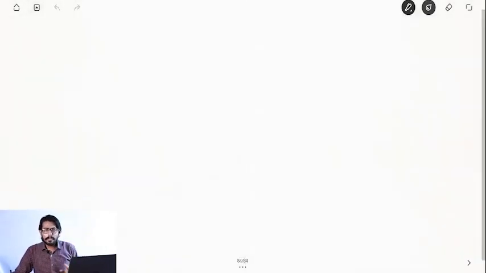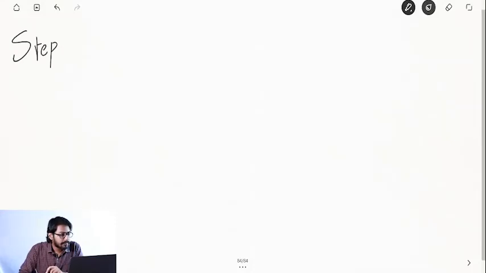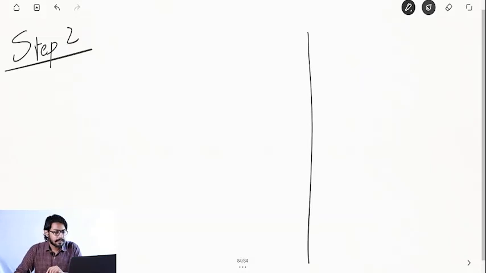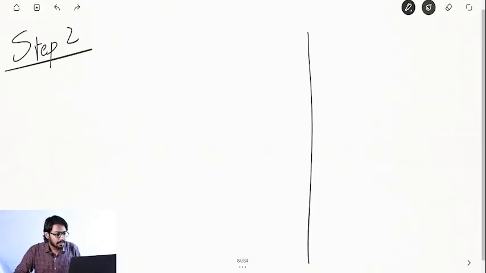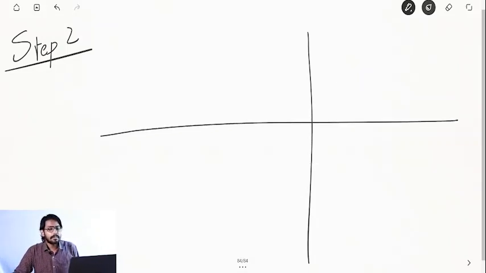In step 1 we have found out the number of contracts is 10 contracts. Step 2, what is step 2? You know it. You draw a cross. Step 2 is a cross. I think my cross is a little asymmetrical, this should be better. Now you have to tell me the strategy.